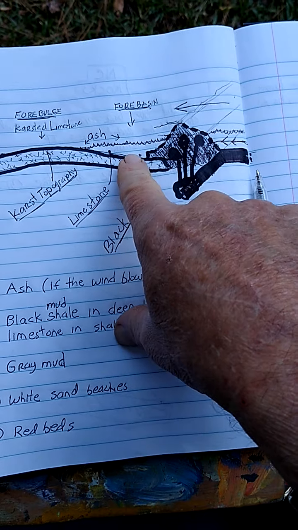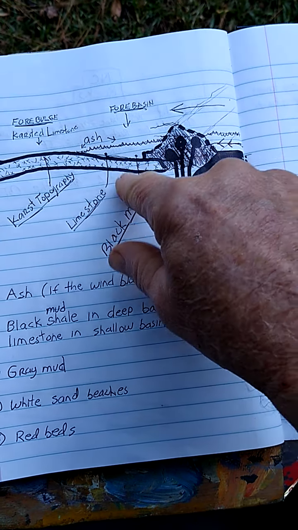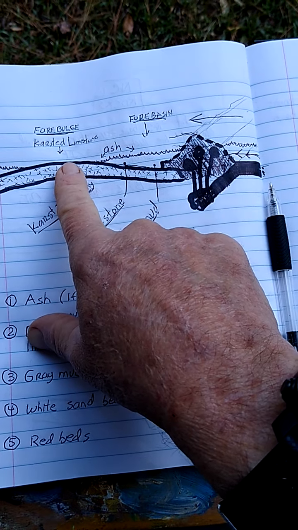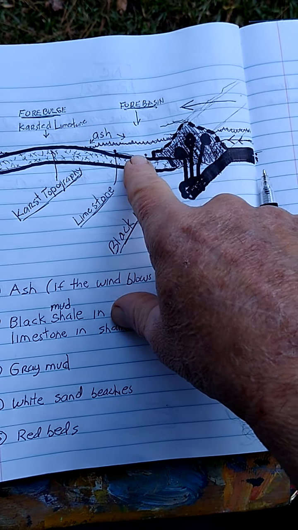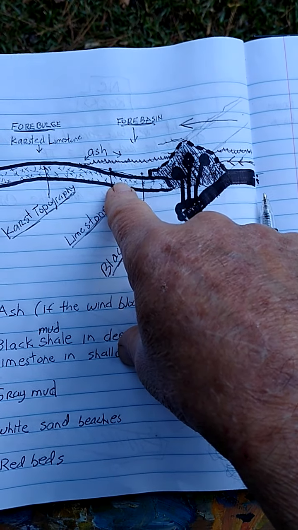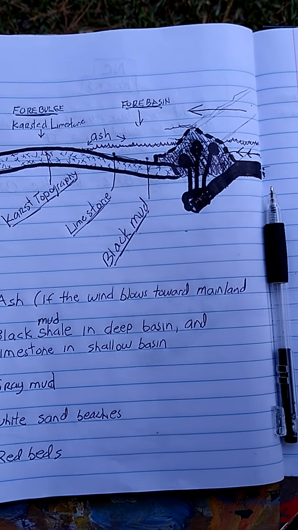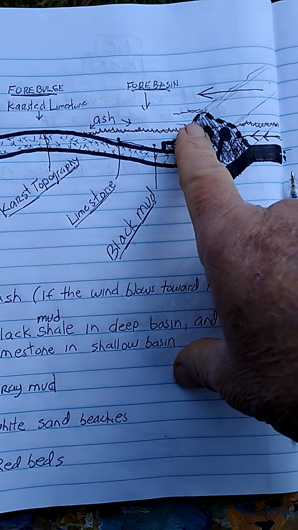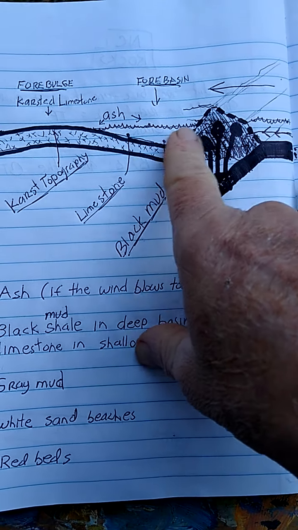When that happens, the pressure that was pushing this way relaxes, and the crust stretches. The forebulge goes down and the crust stretches, and you get some minor block faulting in here. You get basins, grabens, and high spots, horsts. And then you get a little additional influx of sediments.